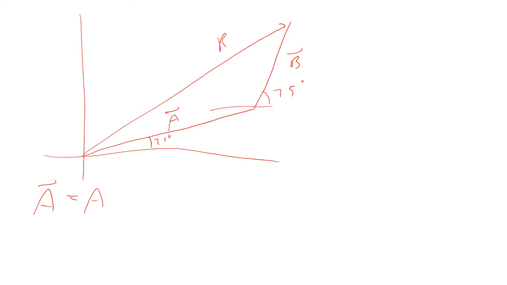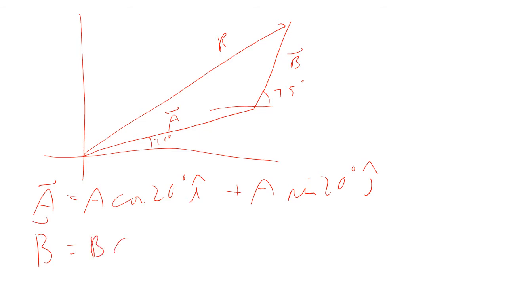So it's going to be the length of A cosine 20 degrees i plus the length of A sine 20 degrees j. Vector B is going to be B cosine of 75 degrees i plus B sine 75 degrees j.